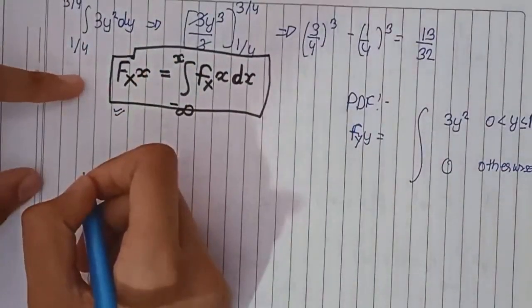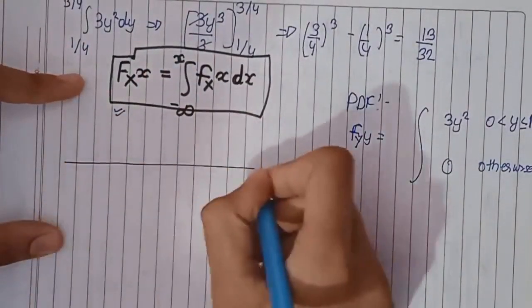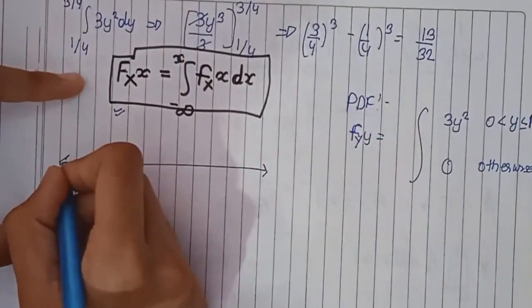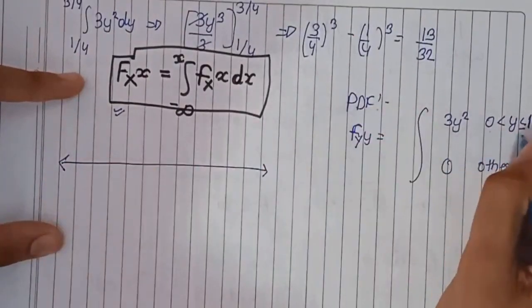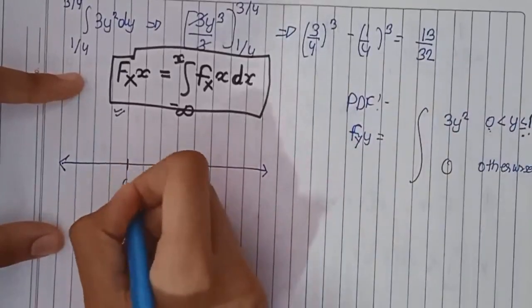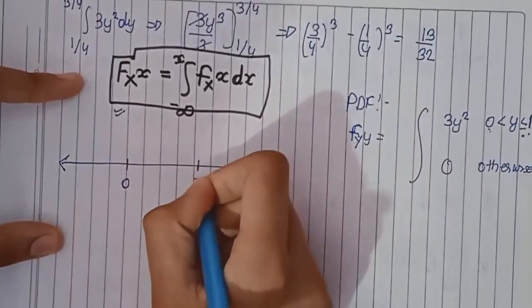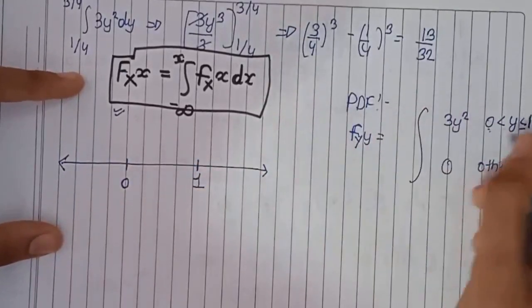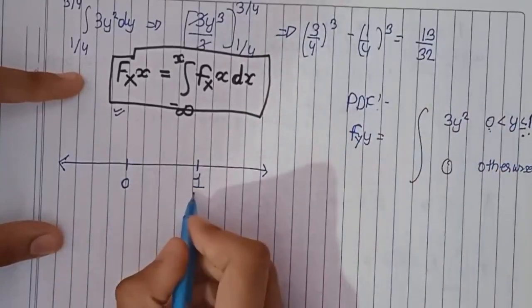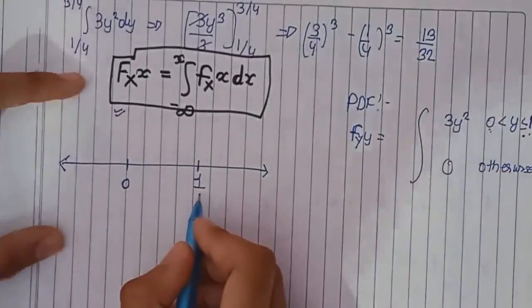Now to get the CDF from the PDF, you first need to draw the number line and mark the different points on the number line which you are able to see in the PDF. Here the different points that I am able to see are 0 and 1. The only different points visible to me are 0 and 1, so I have marked those points on the number line.